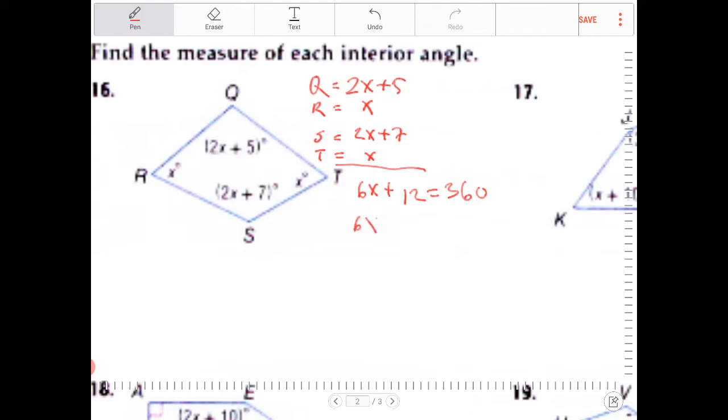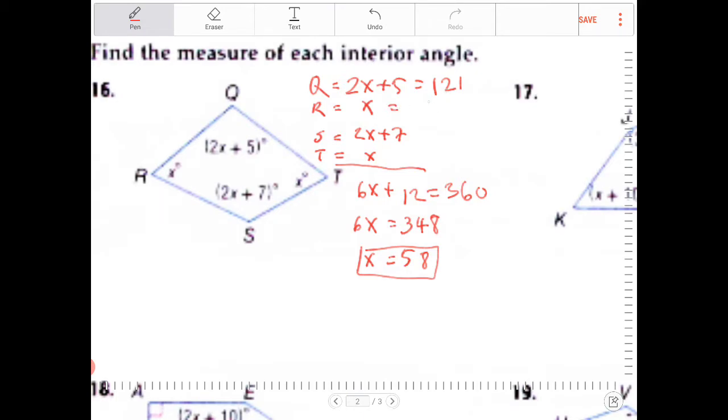Subtract 12 on both sides, I end up with 6x equal to 348. Divide by 6, I end up with 58. Since x is equal to 58, 2x plus 5 is 116 plus 5, which is 121.